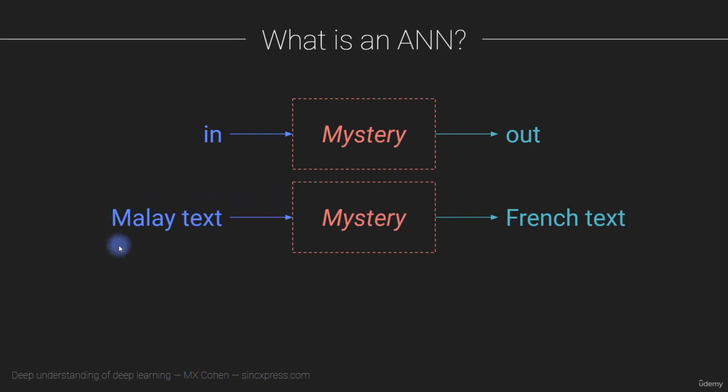Imagine that we have some text that was written in Malay, and we want to translate it into French. Then we can use a deep learning model that does language translation automatically. You can see in these examples that they're all really different from each other, and yet the fundamental mathematical and computational bases of the algorithms inside this little mystery box are basically all the same.